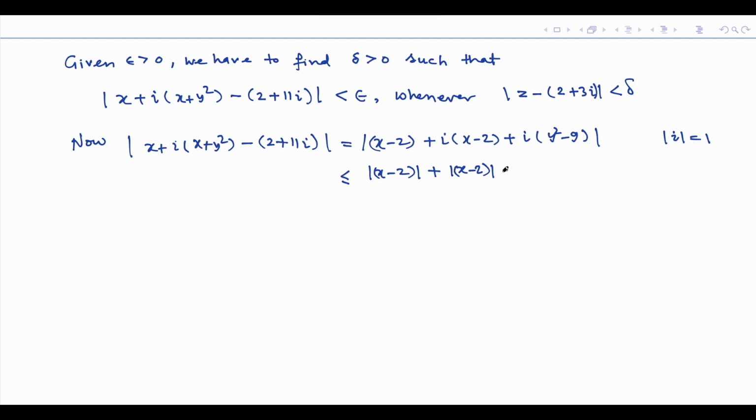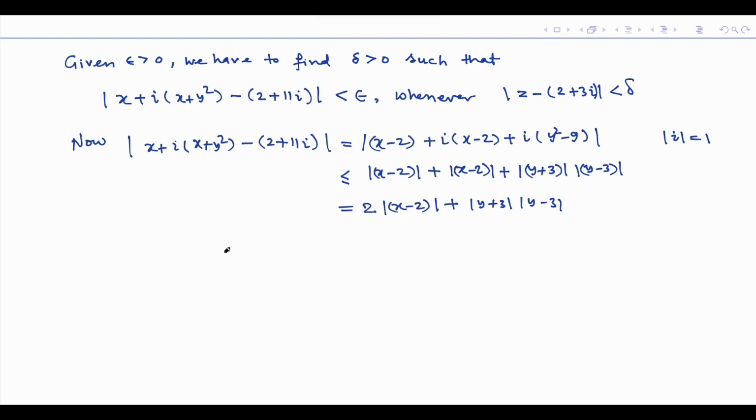Okay, and plus, I'm going to use the square formula. So this is y plus 3 and then y minus 3, okay, which is equal to 2 times mod of x minus 2 plus y plus 3 and y minus 3, okay.